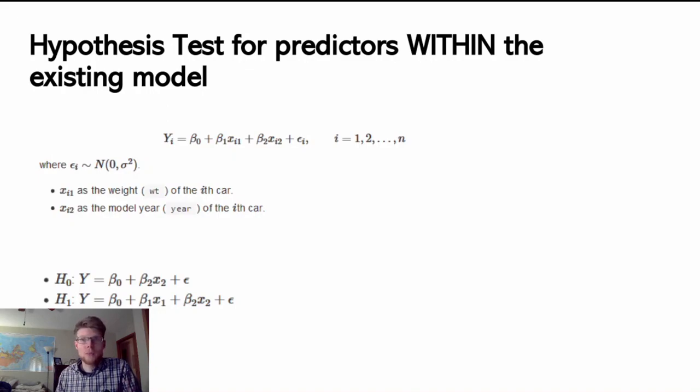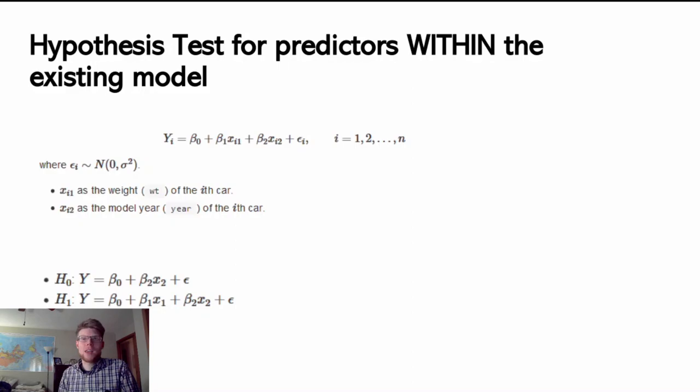However, it's possible that if we have both of them in the model, we don't really need both. It could be that weight and model year have some correlation between them, and that one of these is really providing the predictive power, and the other is only providing as much predictive power as it shares with the other predictor.